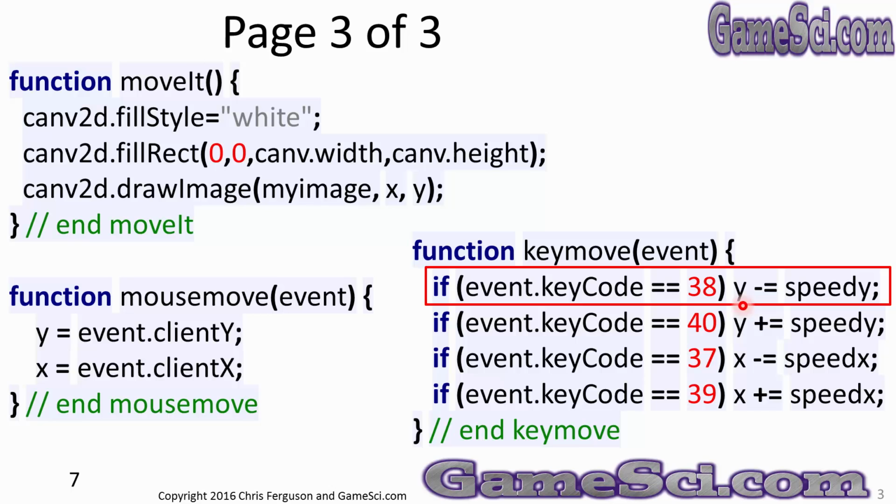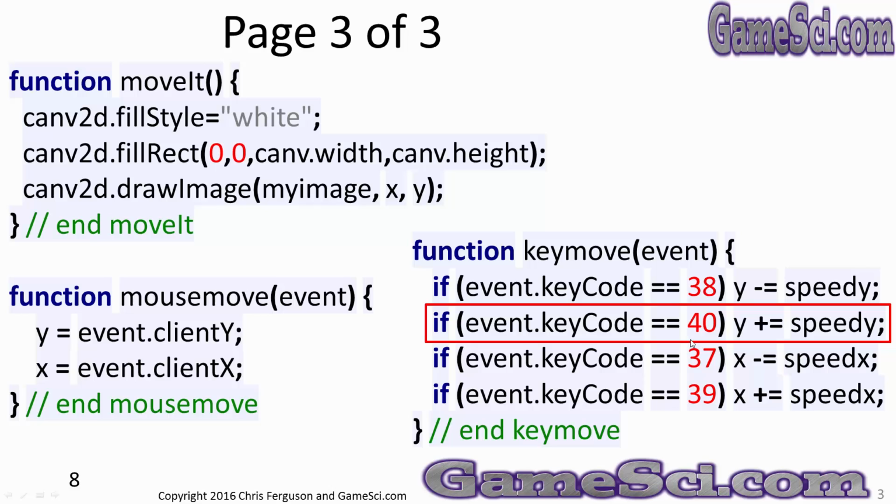This line of code, y minus equals speed y, is the same thing as if I had written y equals y minus speed y. Subtract from y 5 if speed y contains a 5, and store the result back into y. This will give us a new, smaller value for y. When we press the up arrow, we want our character to move up on the screen. Subtract from y, and the character will go up towards the top of the screen.